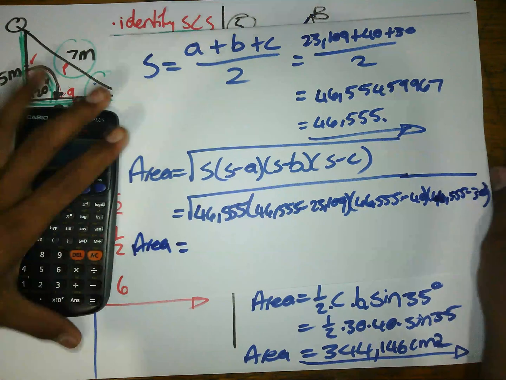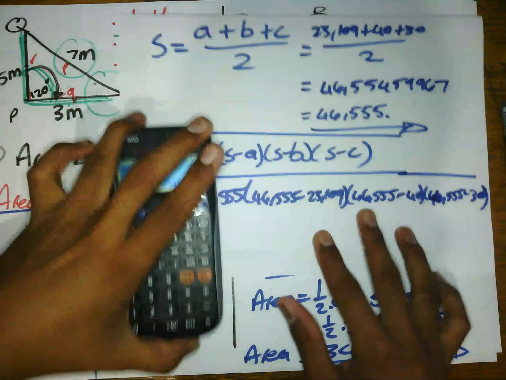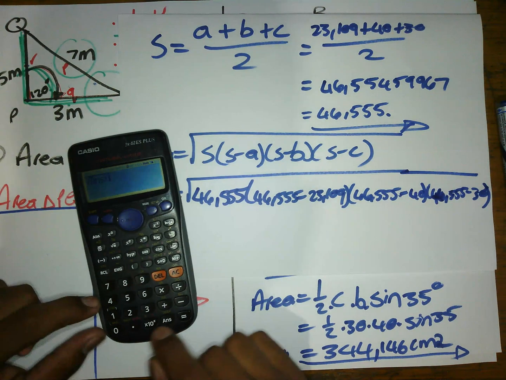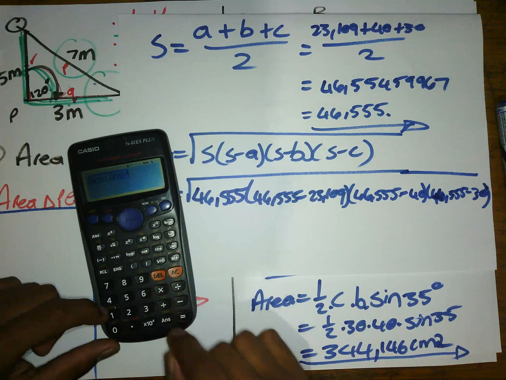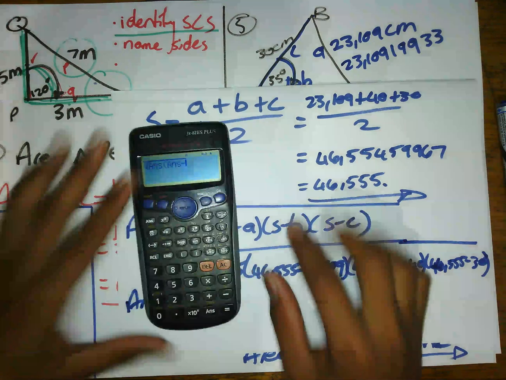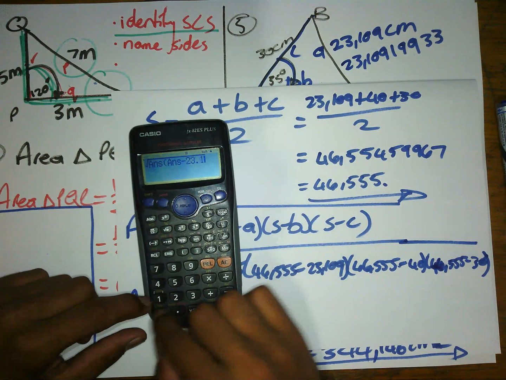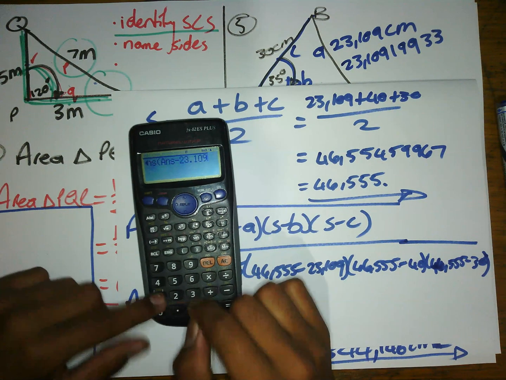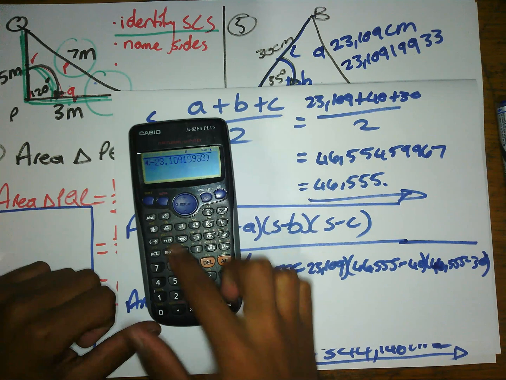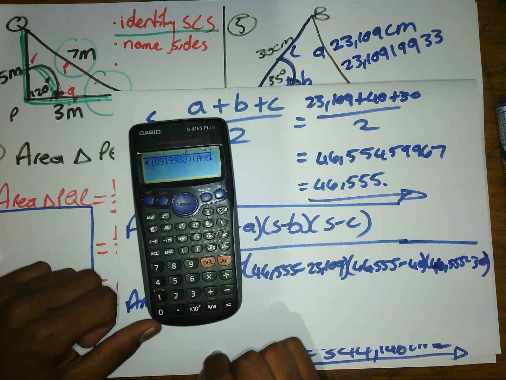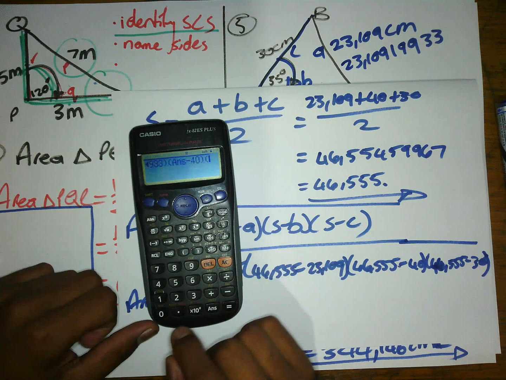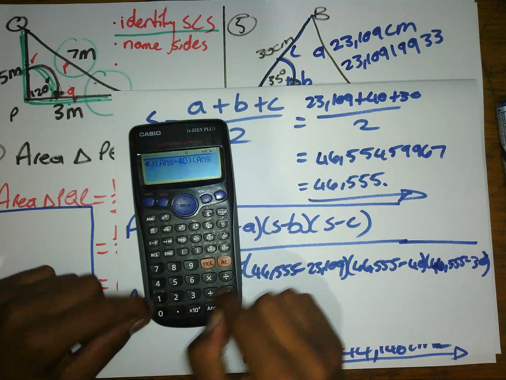So my s value is there already, so I say square root of my s value minus my long a value there, 23,109 19933 close brackets, my s value minus 40 open brackets, s value minus 30.